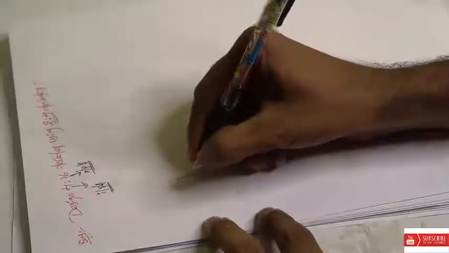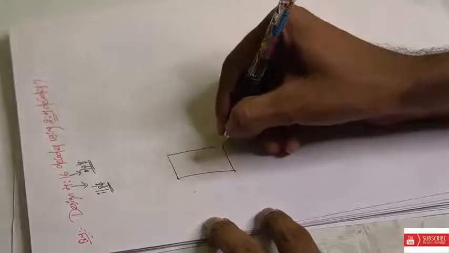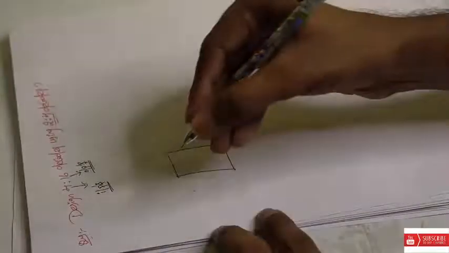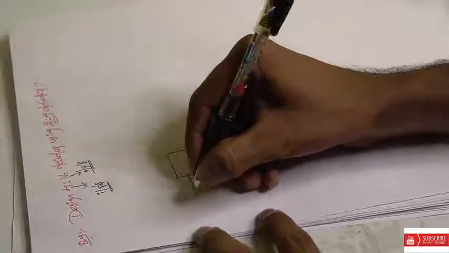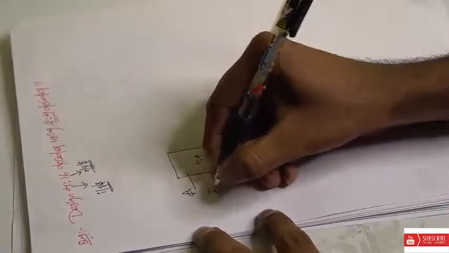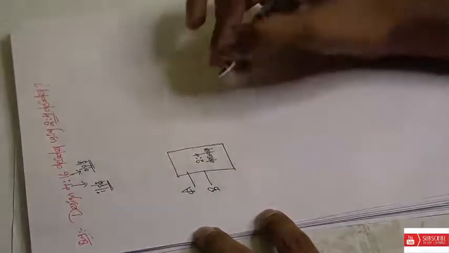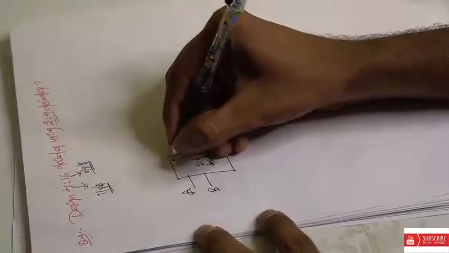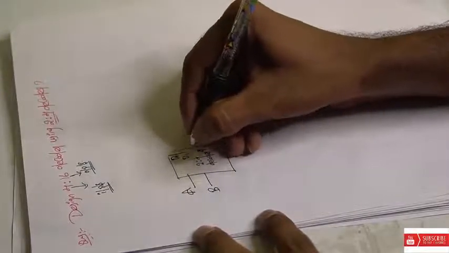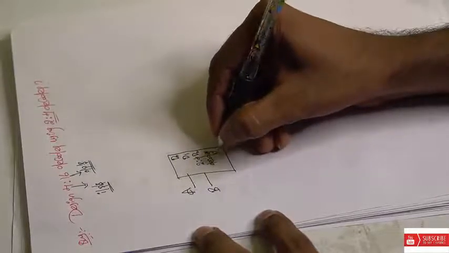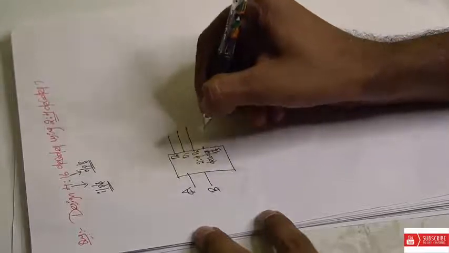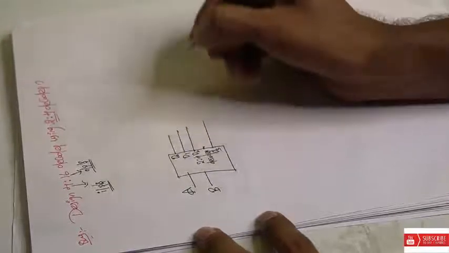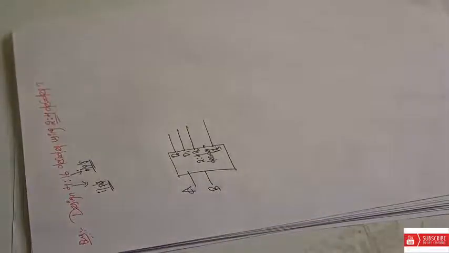Suppose you take the first 2:4 decoder. This input will be A and this input will be B, and the outputs will be the 4 outputs, that will be D0, D1, D2 as well as D3, right?